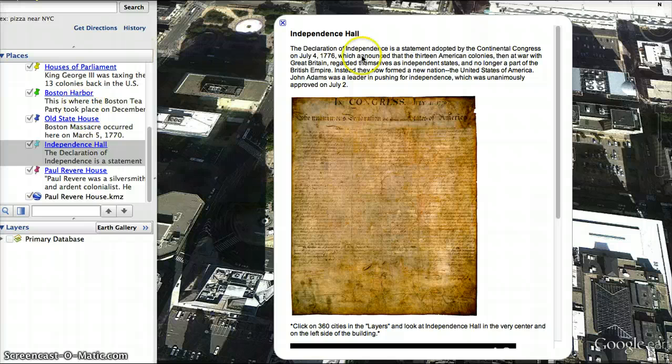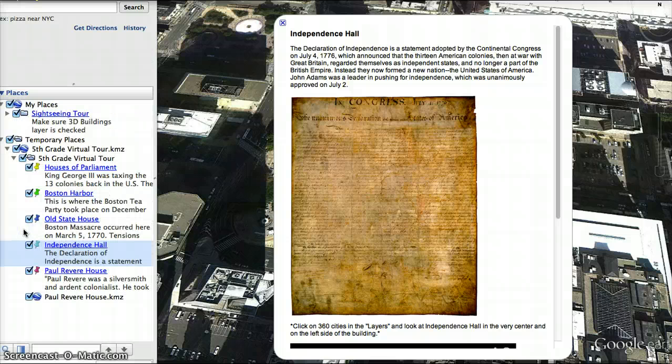So this right here is an actual picture of the Declaration of Independence that was signed, and we're going to go ahead and open our layers.